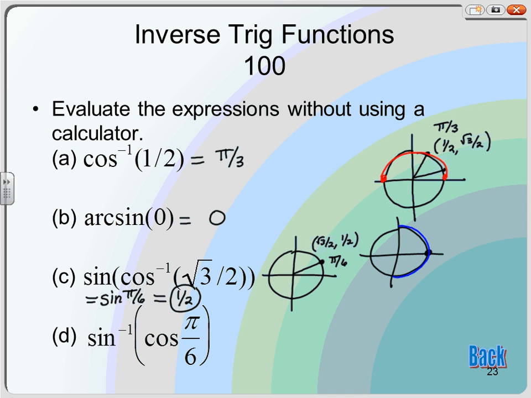All right, and then this is kind of going the other way. What if your cosine of pi over 6? That's the square root of 3/2. So it's saying inverse sine of square root of 3/2. When on your unit circle is your sine value equal to square root of 3/2?